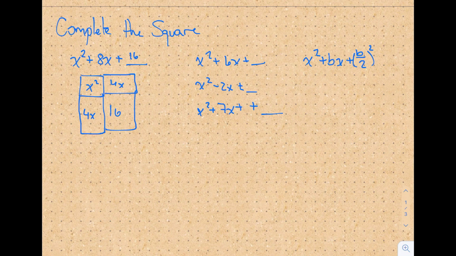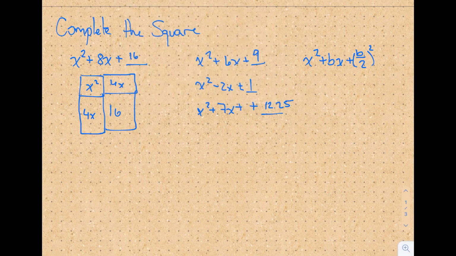So half of 6 is 3, and 3 squared is 9, so x squared plus 6x plus 9. Similarly, with x squared minus 2x, we should still end up with a positive at the end, so it would be plus 1. And if our number is not even, we will end up with a decimal. So if we have x squared plus 7x, 7 divided by 2 is 3.5. 3.5 squared is 12.25.